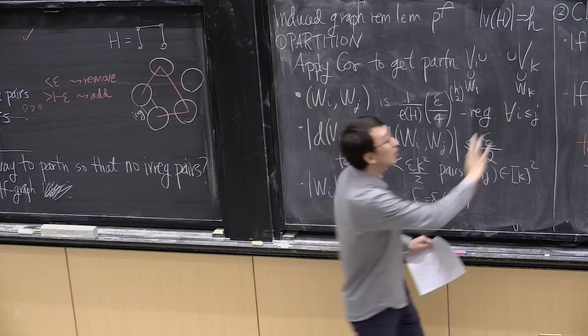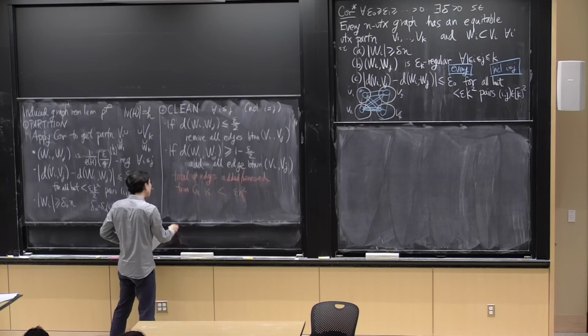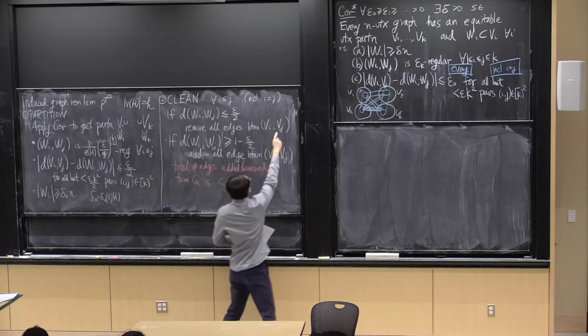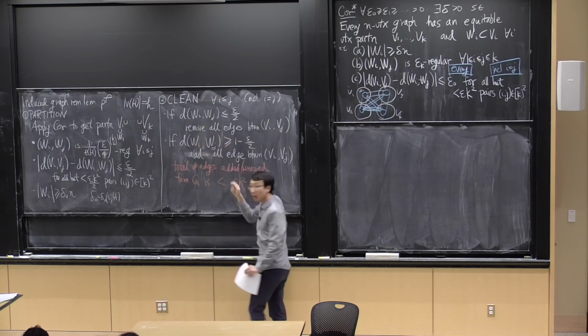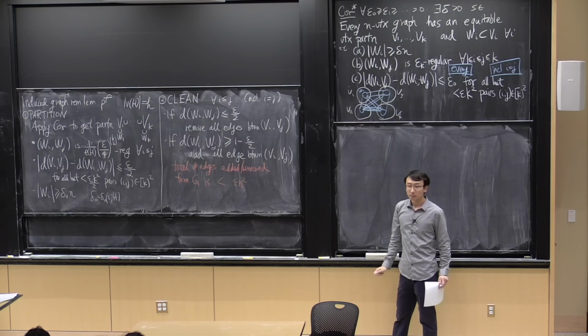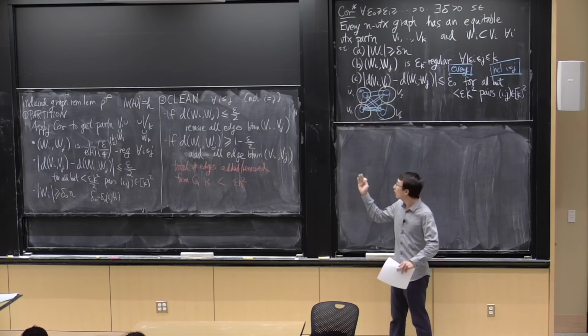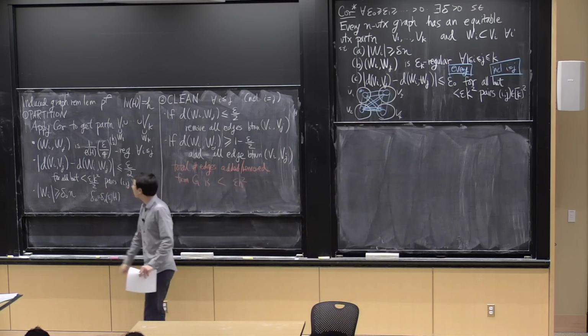These are small details you can work out. You ask, how is the edge density between Vi and Vj related to Wi and Wj? For most pairs of i and j, they are very similar. There's a small fraction of them that are not similar, but then you just lump everything into this bound over here.